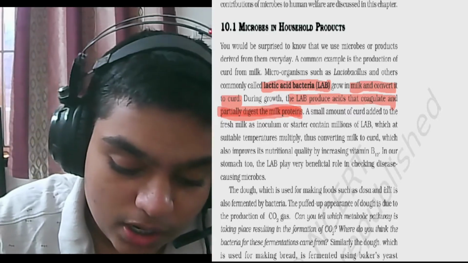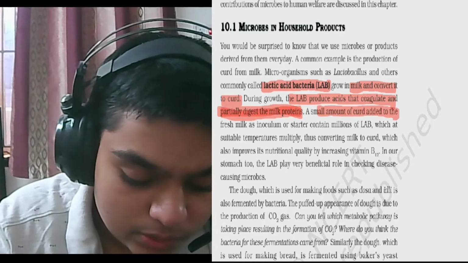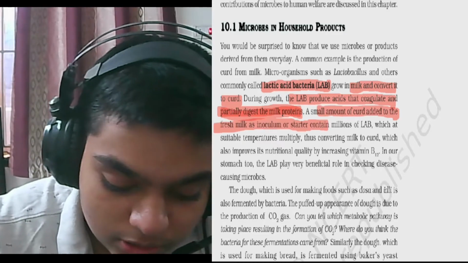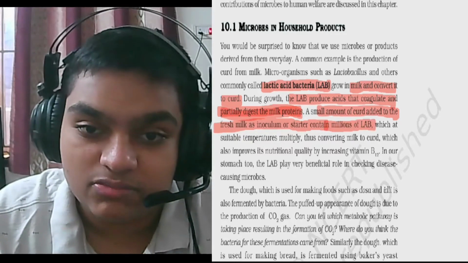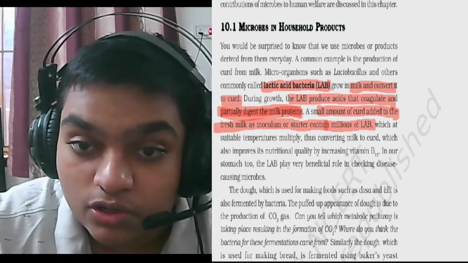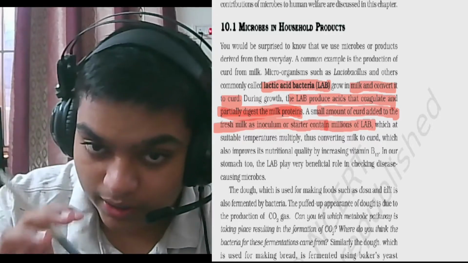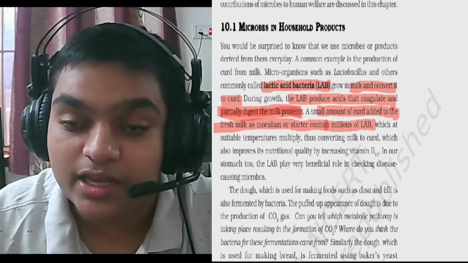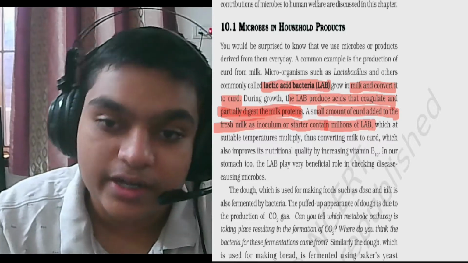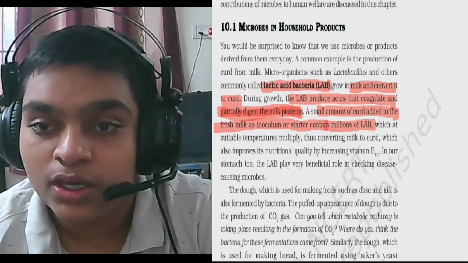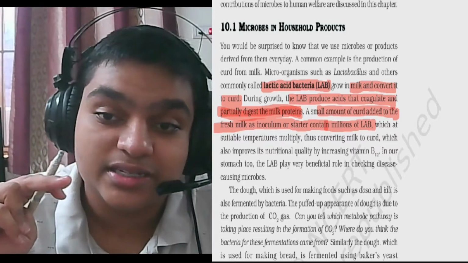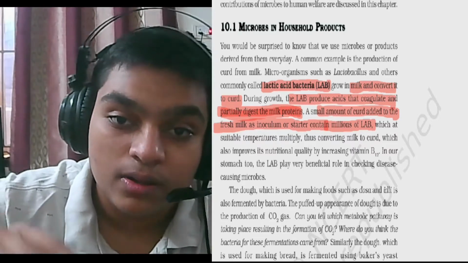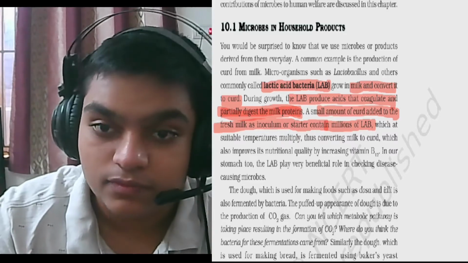Now a small amount of curd is added to the fresh milk as an inoculum or starter, which contains millions of LAB. From this inoculum the LAB invade the milk. This small amount of curd is the previous day's curd.